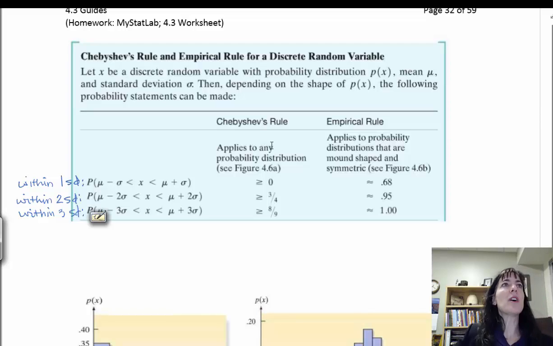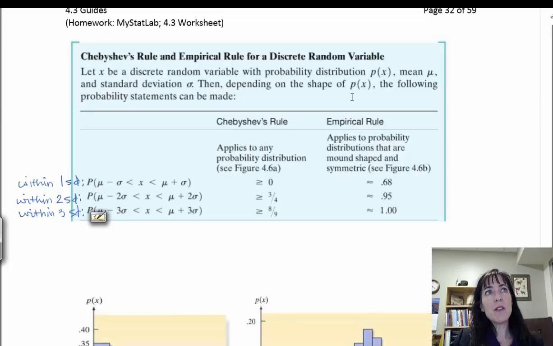Okay, so things are not different from before. We're just talking about probabilities this time instead of just straight data from a sample. So let x be a discrete random variable with a probability distribution. So we have the probability for each of the values of x. We know the mean and we know the standard deviation.